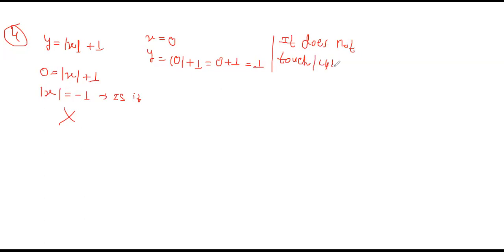Okay, so its graph will be like this, and this point will be (0, 1).